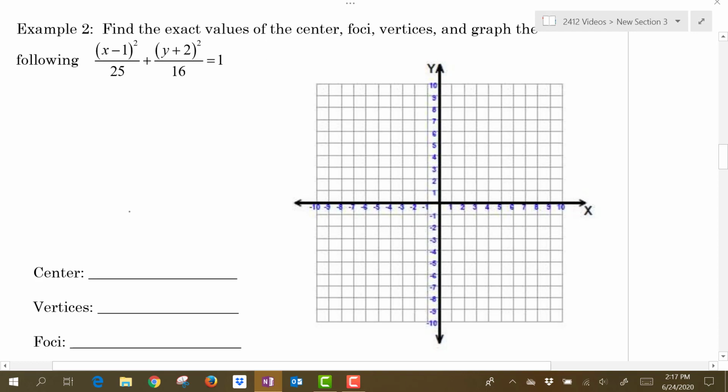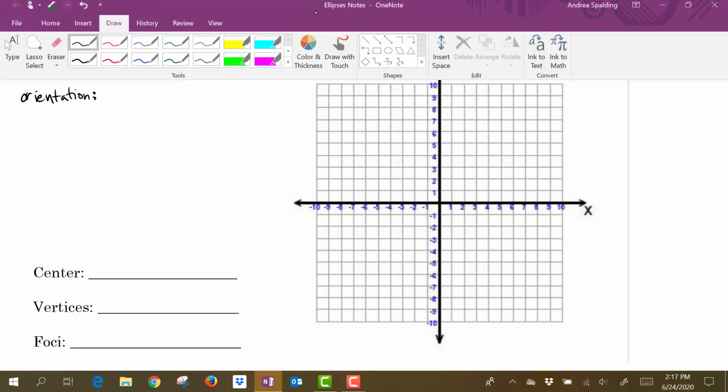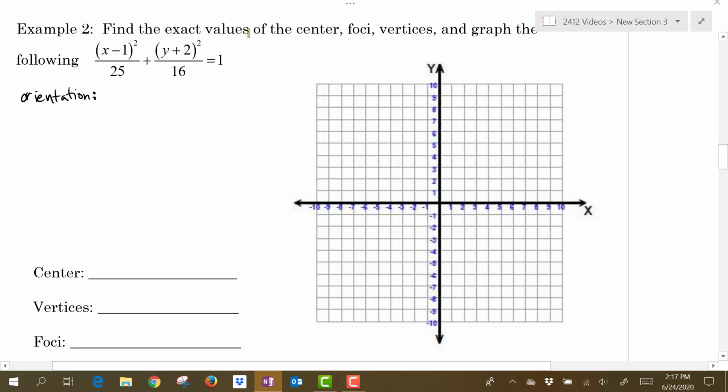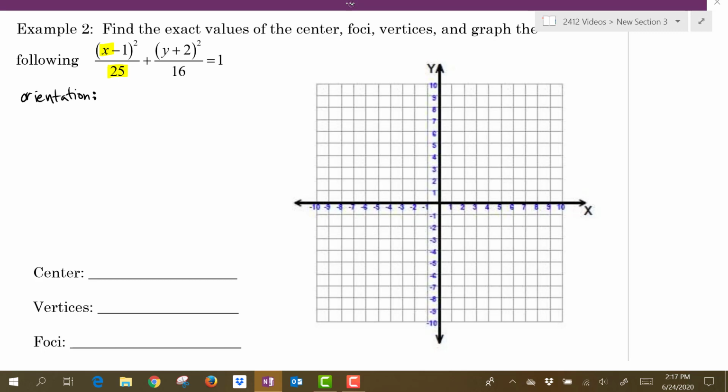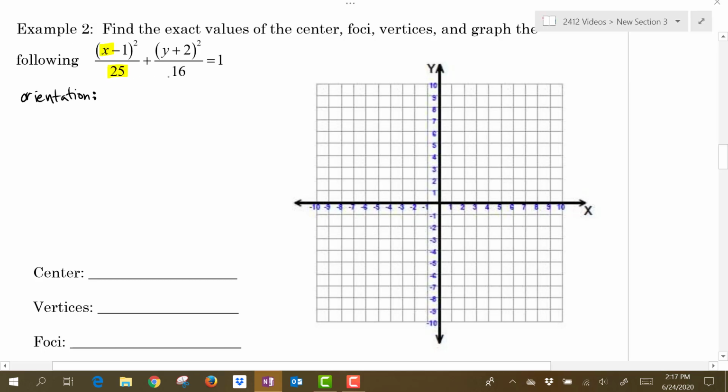Alright, let's start out with the orientation. To determine if the ellipse will be longer vertically or horizontally, we want to look for the larger of the two denominators and look what variable that is under. 25 is larger than 16, and the 25 is underneath the x fraction.